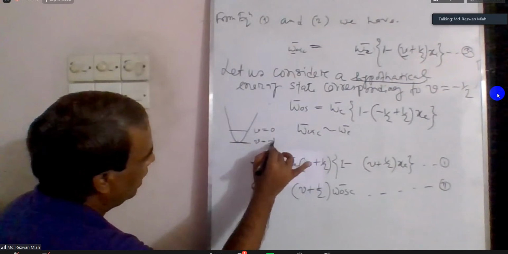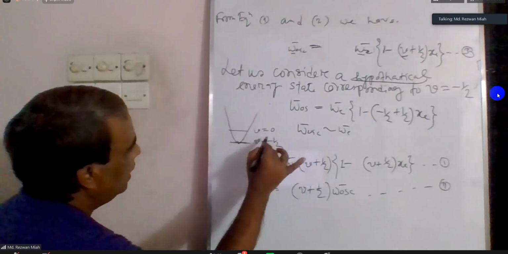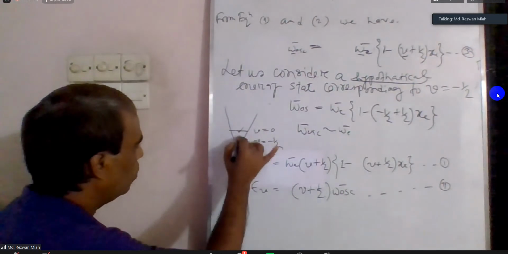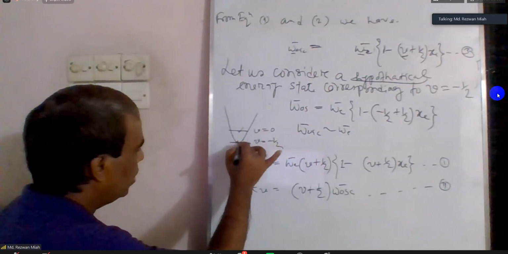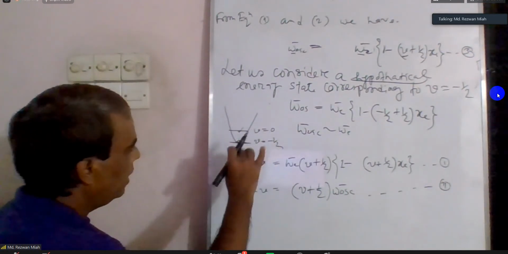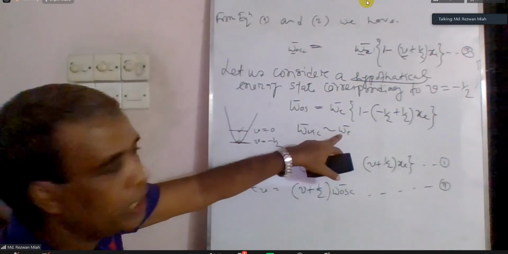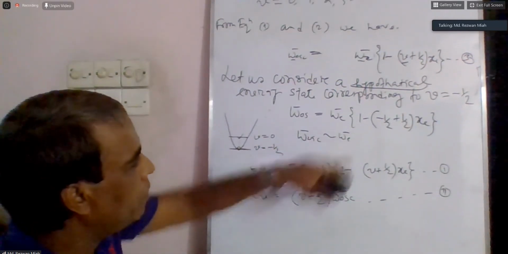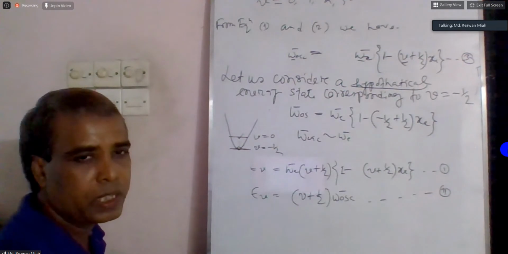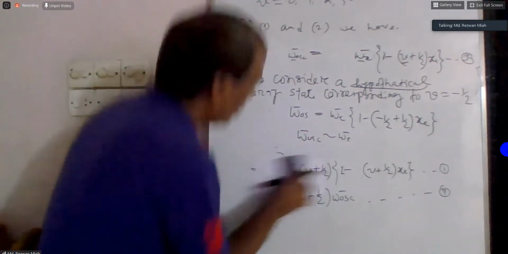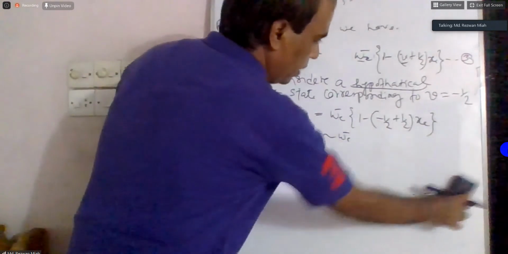So mu is equal to minus half corresponds to this energy, mu is equal to 0, non-zero, corresponds to this. So the molecule at equilibrium with the zero point vibrates slightly, and that frequency is known as omega E bar. That's why omega E bar is known as the equilibrium oscillation frequency. Okay, so this is how we can define equilibrium oscillation frequency.